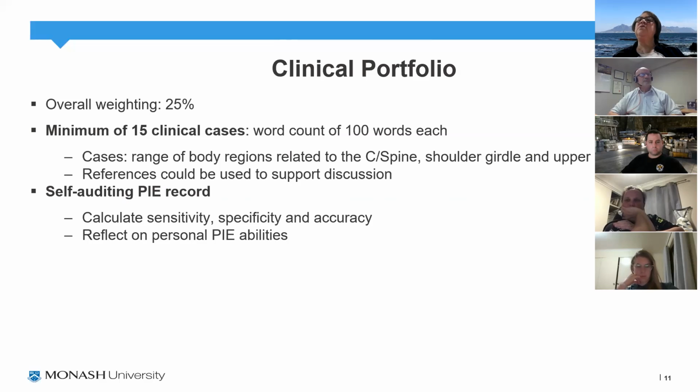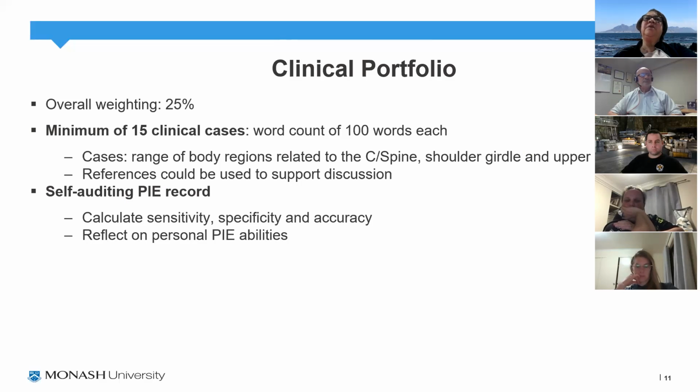It's just that we don't want you to write long sections, so keep it very short and very specific to the case. And in these cases, you need to include the spine, the shoulder girdle, and the upper limbs, and include both normal and abnormal cases. And you can provide references to support any discussion.